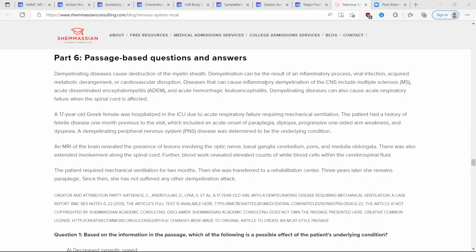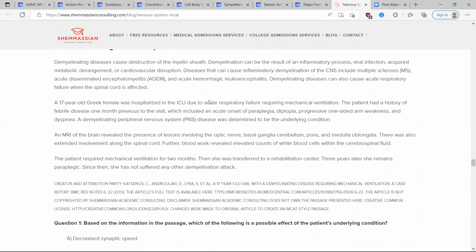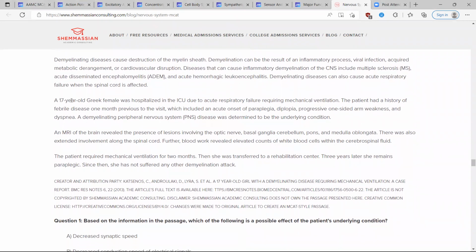Diseases that can cause inflammatory demyelination of the CNS include multiple sclerosis, acute disseminated encephalomyelitis, ADEM, and acute hemorrhagic leukoencephalitis. Demyelinating diseases can also cause acute respiratory failure when the spinal cord is affected. So this is your typical intro paragraph that throws a lot of stuff at you, right? Now we get into the important part.